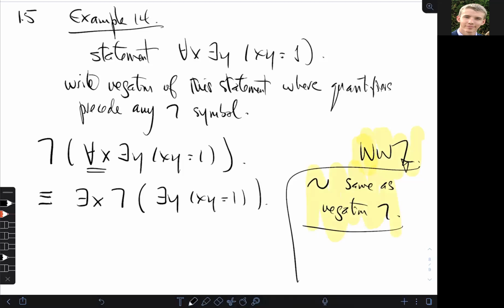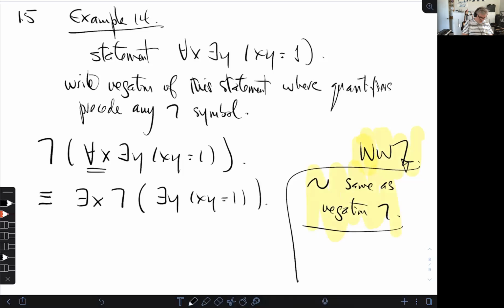Okay, so I've reached this point where I've got there exists an x such that not blah, blah, blah. Now I still have a quantifier inside that I need to bring out. So I'm going to use De Morgan's law once again. Existential, if you negate, means for all.